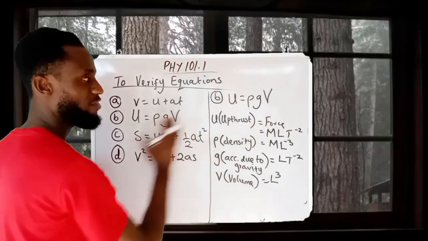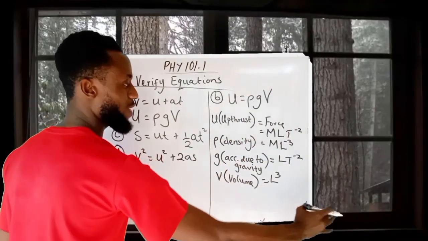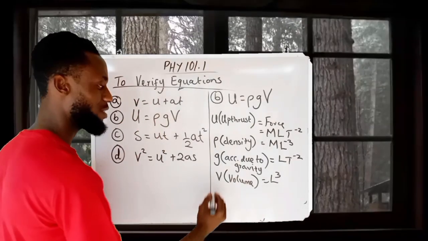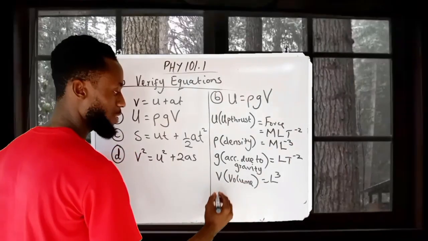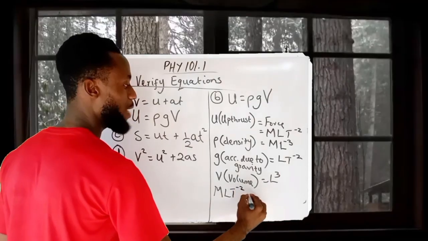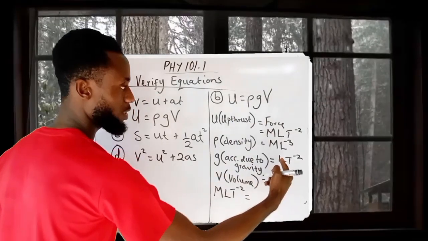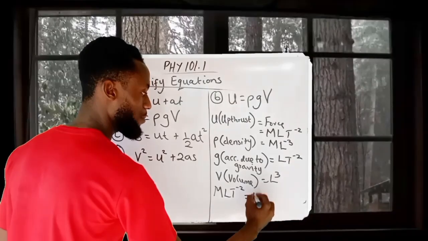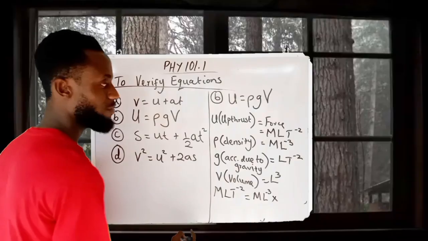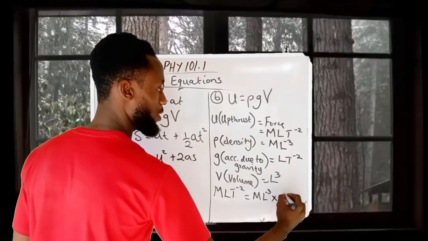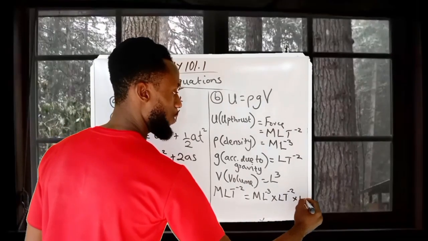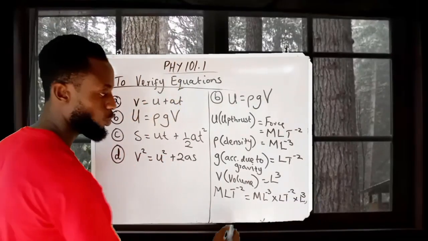Now what do we do? We are going to write what's on the left and then manipulate everything on the right and see whether the M, L, and T will have exactly the same power. So upthrust is MLT^-2, which will now be equal to, what did we get from density? Density is ML^-3 times gravity, LT^-2, times volume, L raised to power 3. So let's look.